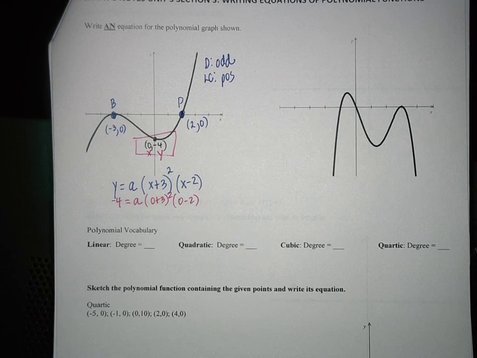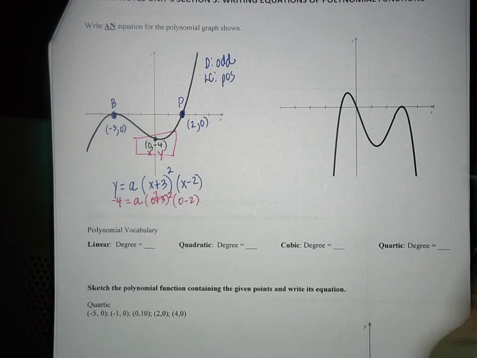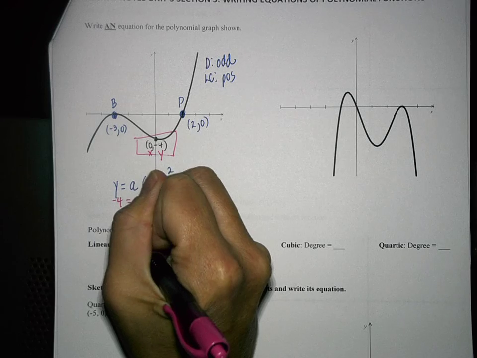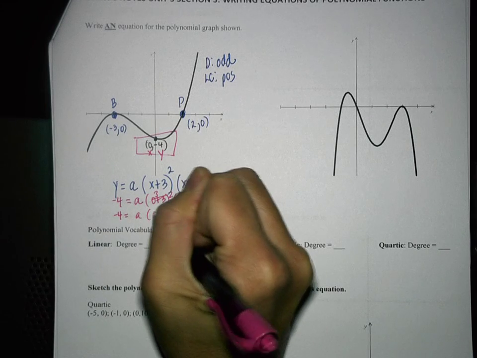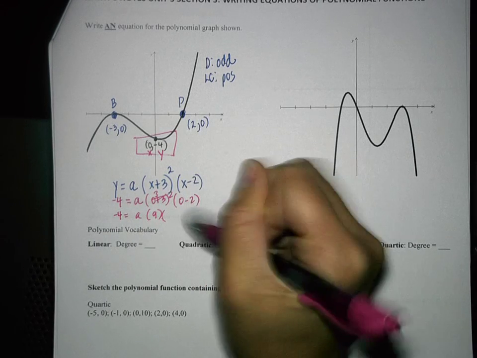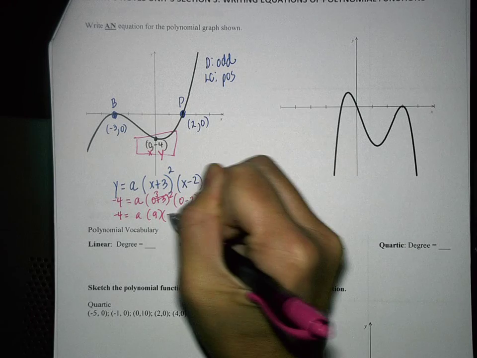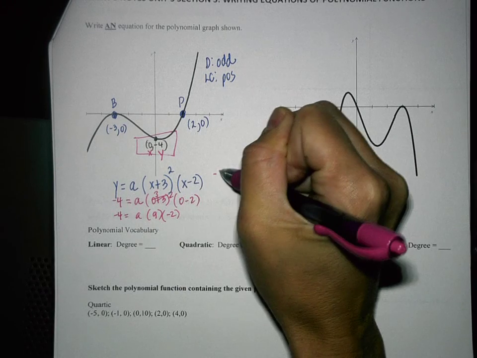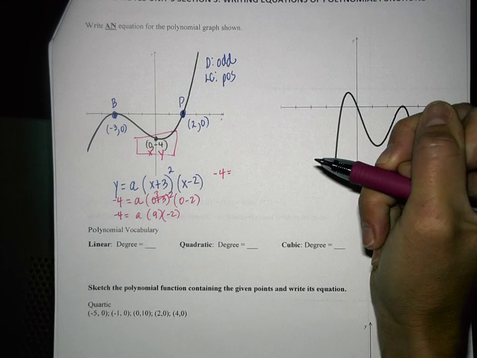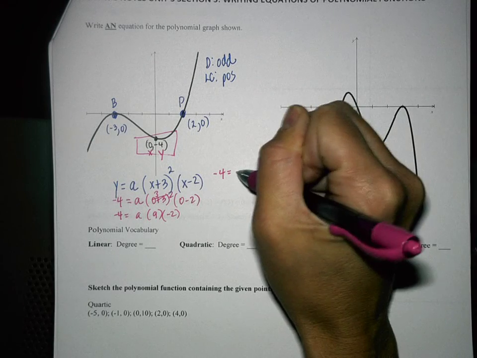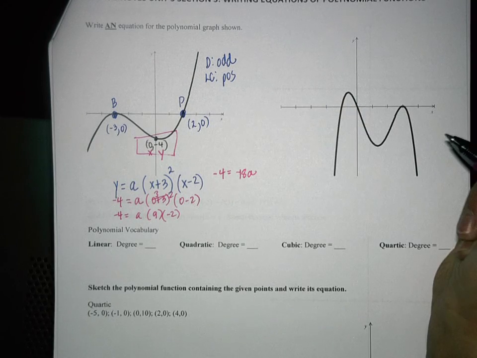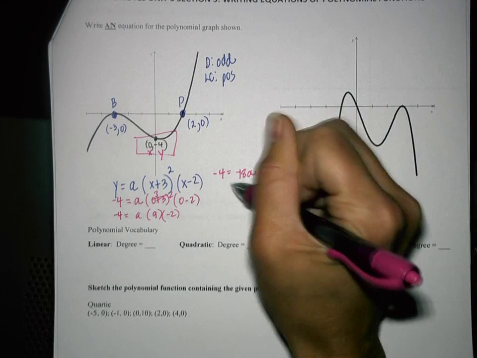All right, so 0 plus 3 is 3. What is 3 squared? 9. So I have -4 equals a times 9 times, and what's 0 minus 2? -2. So I end up with -4 equals -18a. What would I do to get a by itself?